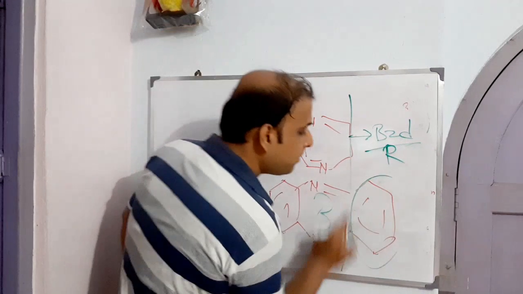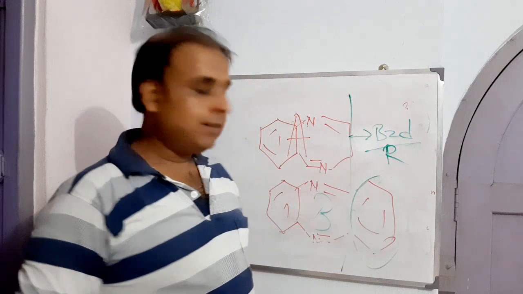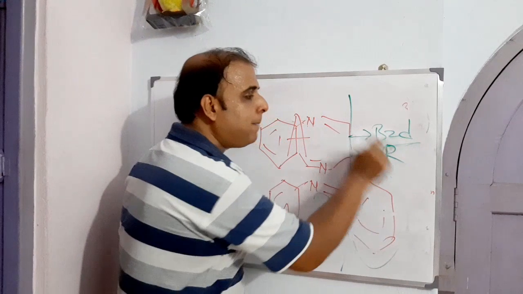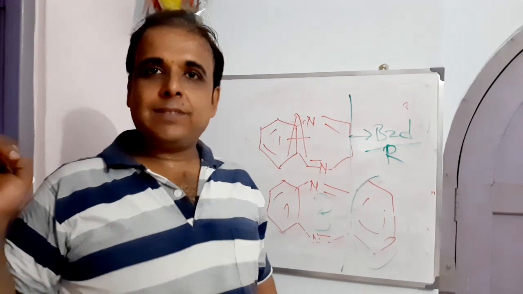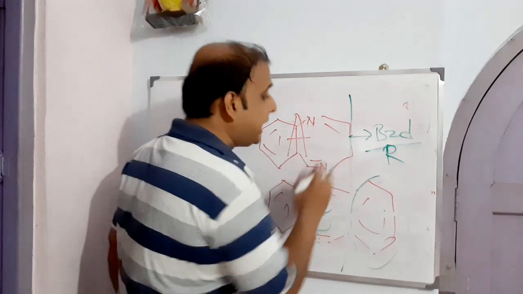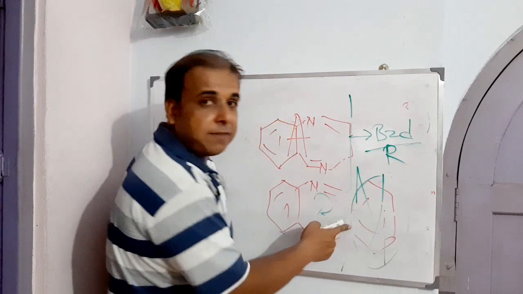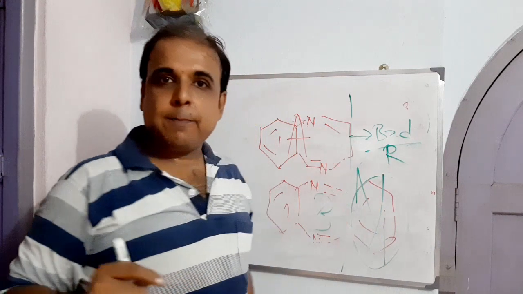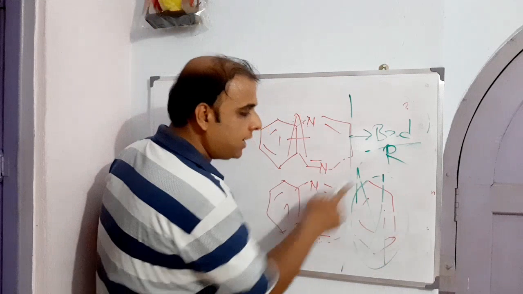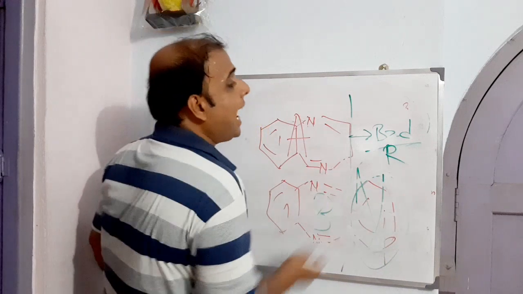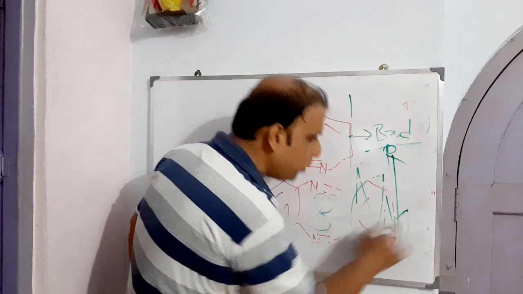Because of this additional phenyl ring, it will not be accepted by the benzodiazepine receptor. That means minimizing the likelihood. If it is devoid of this phenyl, it can be readily accepted by the benzodiazepine receptor. But the moment I add another phenyl here, the acceptance level is reduced.